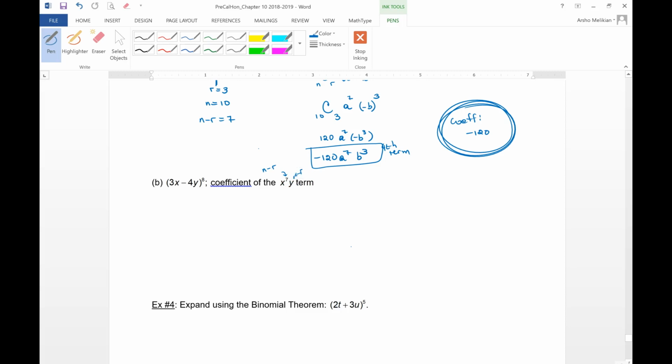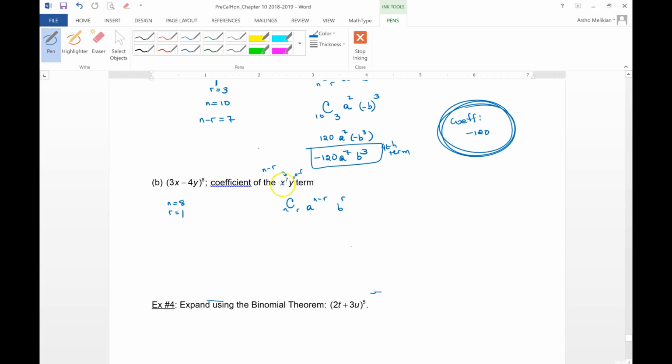So in this case, n is equal to 8, r is equal to 1. You need that in order to be able to write down your binomial coefficient term. So the formula is C n r, a to the power of n minus r, b to the power of r.